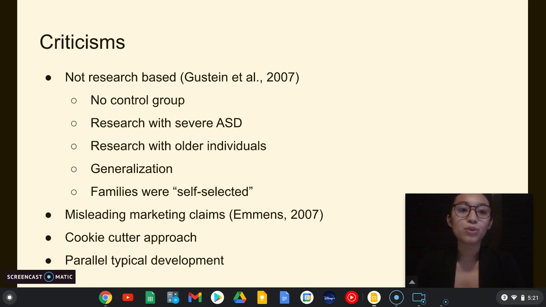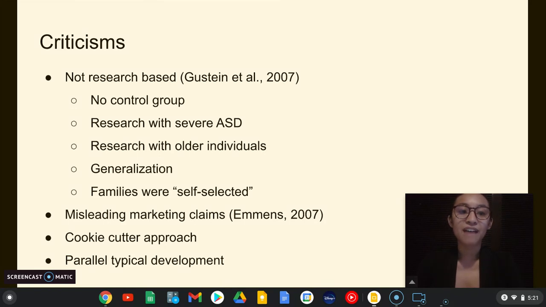Also, the sample was based on a group of individuals that were younger and were high functioning. There is a lack of generalization as to whether the intervention will be effective for those with severe ASD and in older individuals, also considering there was no control group in the study.